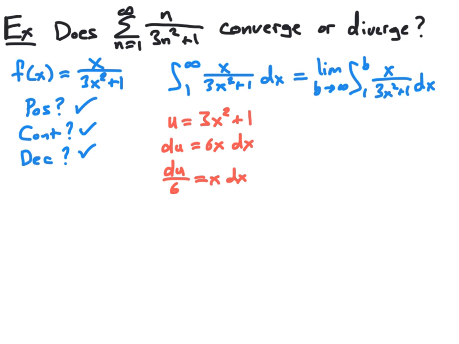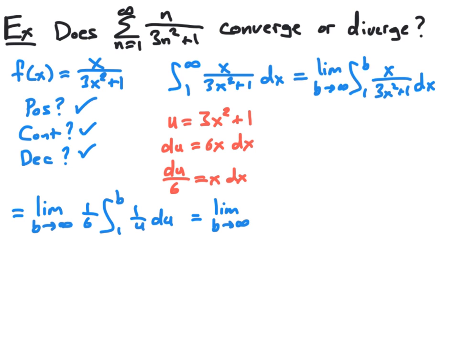So du over 6 will be x dx. With all of these values substituted in, we're going to get the limit as b goes to infinity of 1/6 times the integral from 1 to b of 1 over u du.